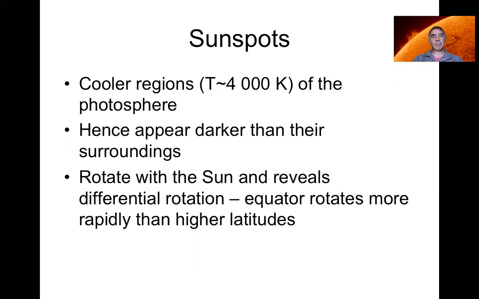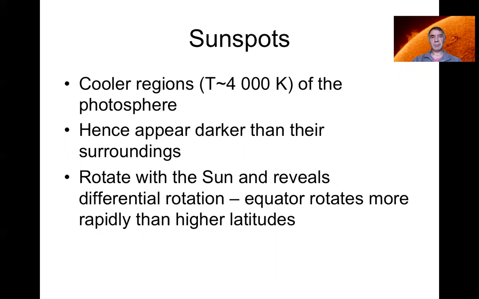Now, sunspots are quite useful in many other regards, quite fun in many regards. They also are quite handy at revealing that the sun rotates. Just like the Earth rotates every 24 hours, the sun also rotates, quite a bit slower, about once a month. But it also rotates in a very different way to a solid planetary body like the Earth.